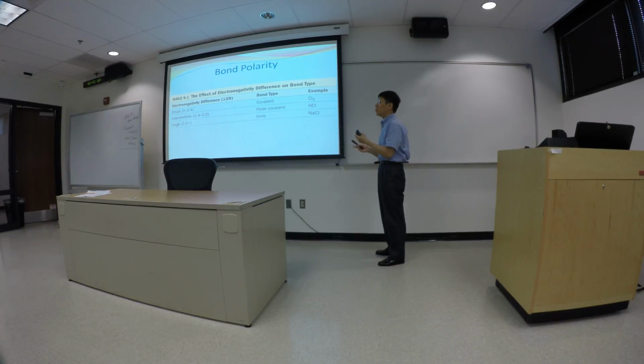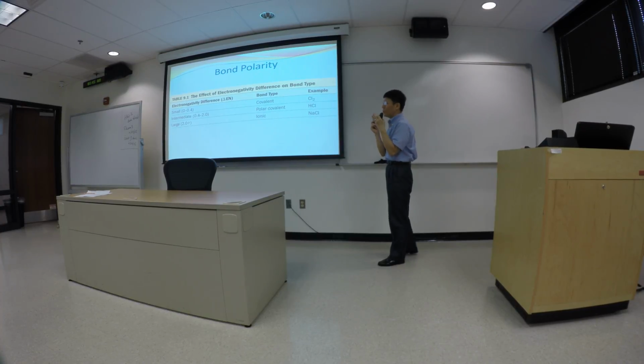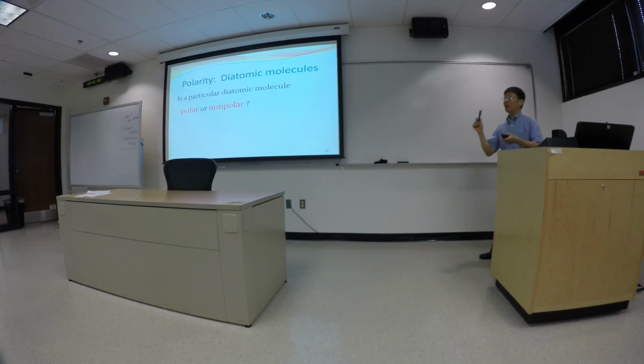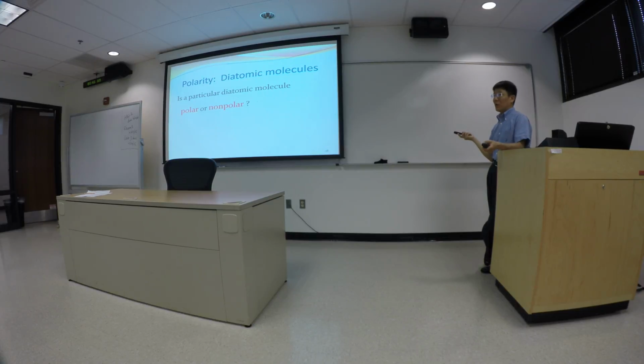All you need to remember is the range: between 0 and 0.4, non-polar; 0.4 to 2, polar; and greater than 2, ionic. So this is how we determine whether a particular bond is polar or non-polar, and we also use the term to describe the atomic molecule.